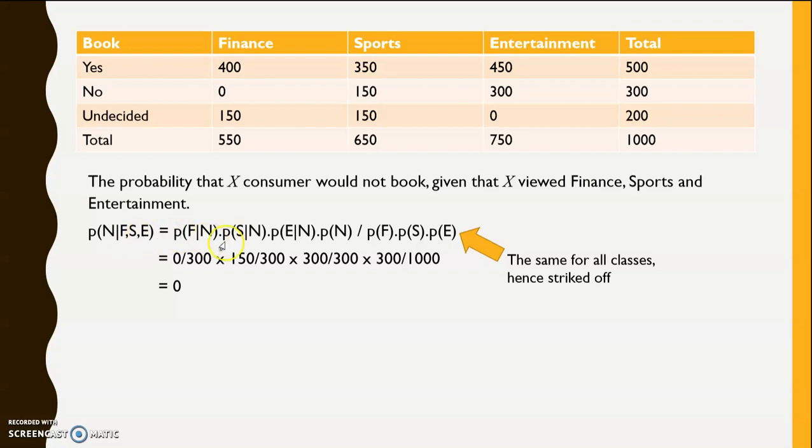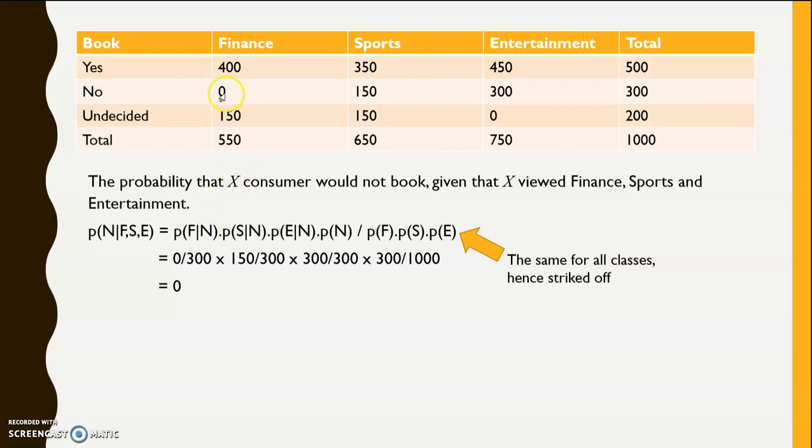Once again, it is the same: considering the evidences in isolation and then combining them together. So here it is the probability of a consumer viewing finance given that he did not book the hotel.